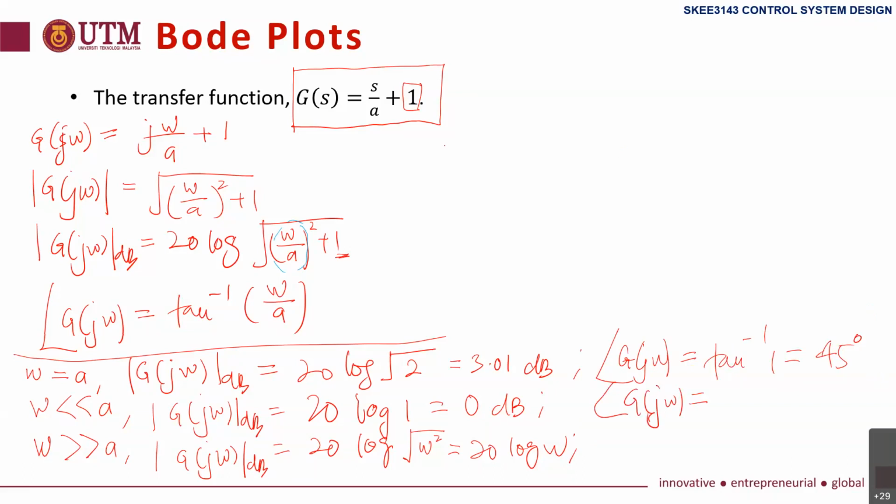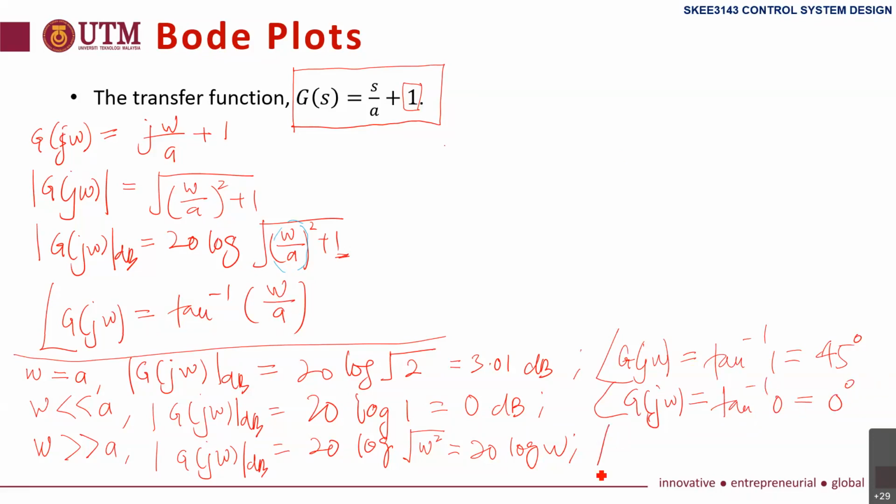For the second condition, when omega is very, very small, almost 0, tangent inverse 0 is 0 degrees.